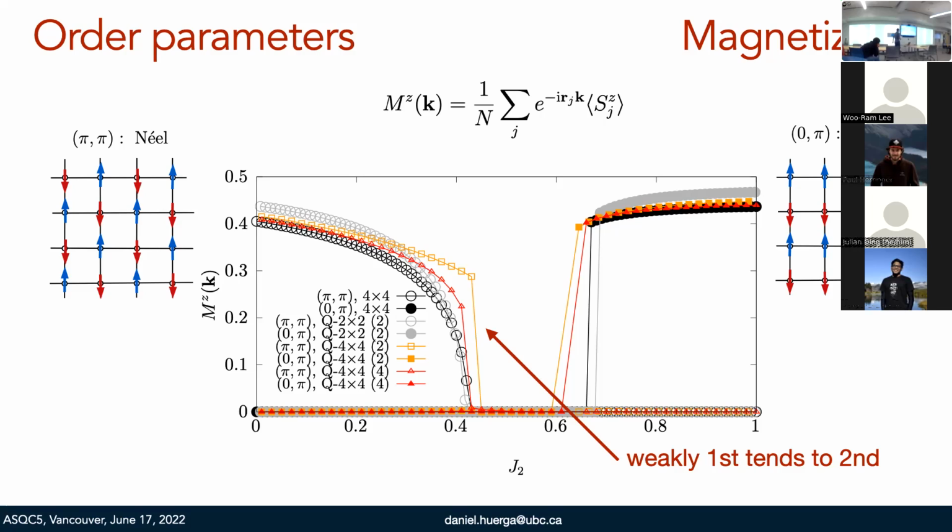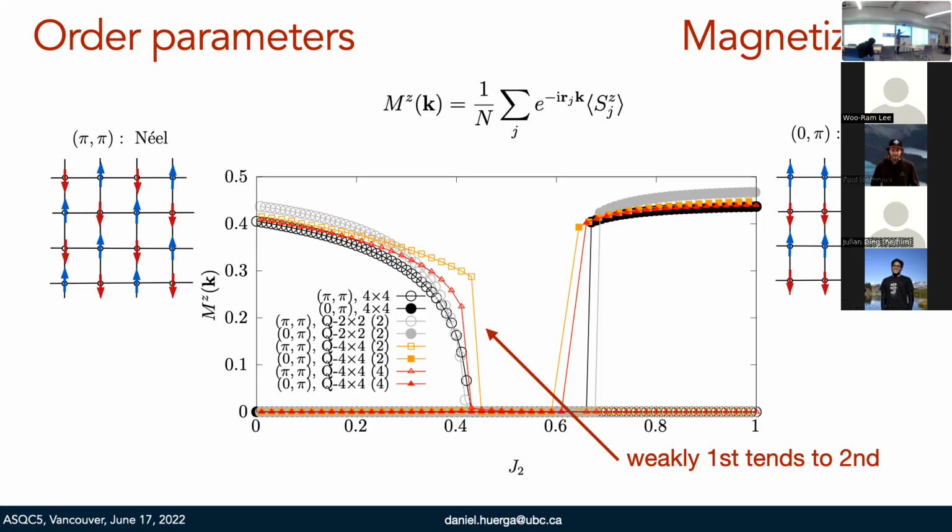We can see in open points the pi wave vector of the magnetization, which corresponds to the Néel order parameter, and with filled points the 0-pi wave vector of the magnetization, which corresponds to the collinear antiferromagnet.